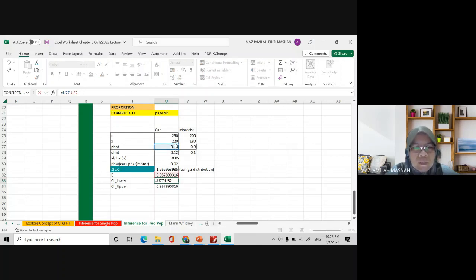So this one should be lower, should be P, the difference minus the E. Somehow it was correct just now. I did not check this particular formula.